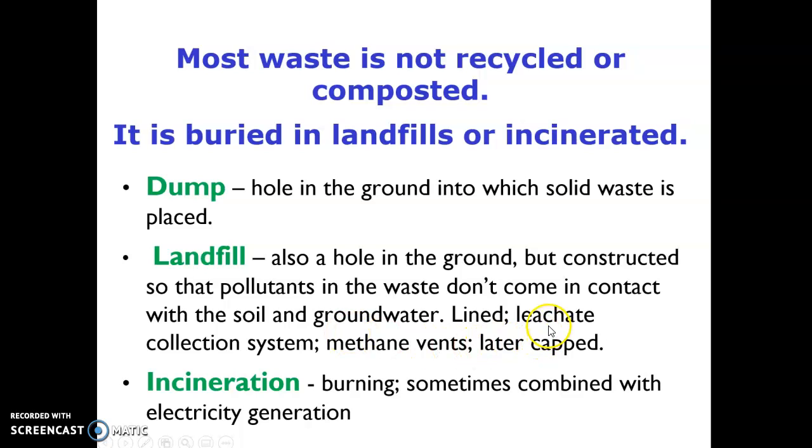They have a leachate collection system, which I'll show you in the next slide, so that as the rain comes down and works its way through the waste, that liquid material is collected and cleaned and not just released into the environment. They also have methane vents to vent the methane that is produced from the anaerobic decomposition of waste.